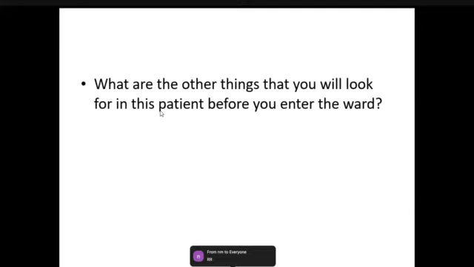Yes, somebody has said vitals, yes, but you have to go near the patient to check for vitals. Respiratory rate, yes, you can see it from a distance before you enter the ward. Anything else?